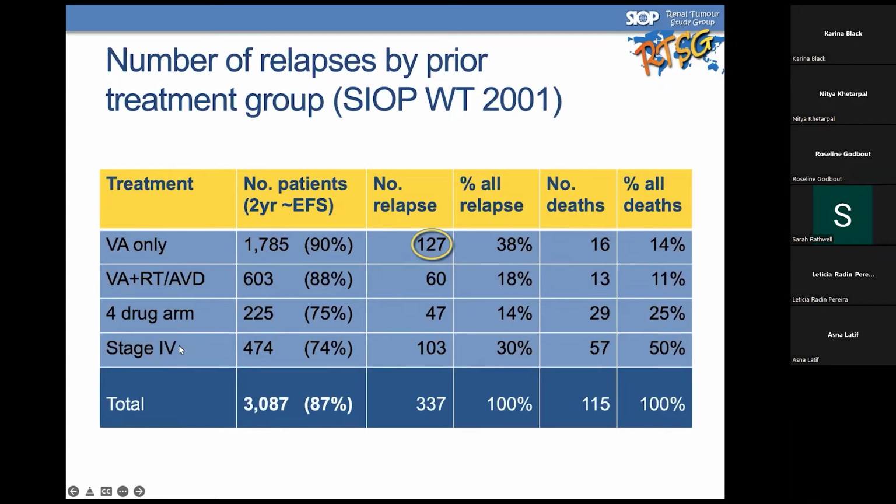There's still a high number of relapses in stage 4. But what you can see here as well, if you are looking into the death rate, these patients can mainly be rescued, and they account for only 14% of the death rate, whereas in stage 4 metastatic tumors, there are 50% of patients who will die.